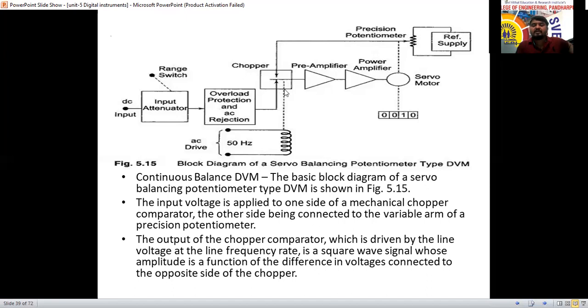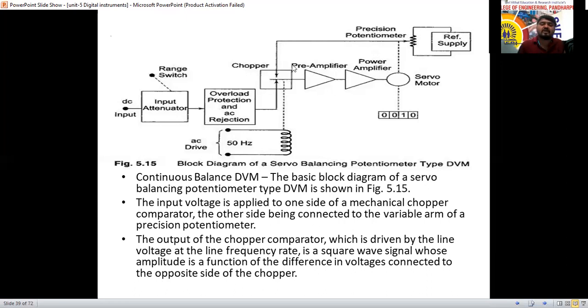Based on the difference between the two, it operates. The amplitude is a function of the difference in voltages connected to the opposite sides of the chopper.